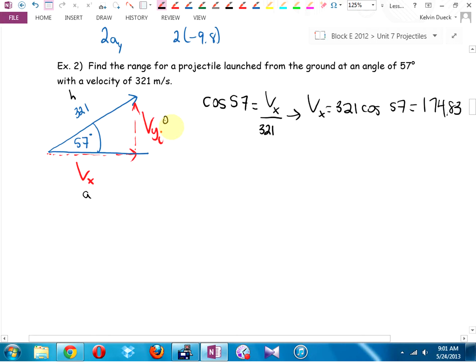It's a sin to call it sin. What do we really call it? Sine. It's going to be 321 sine 57.